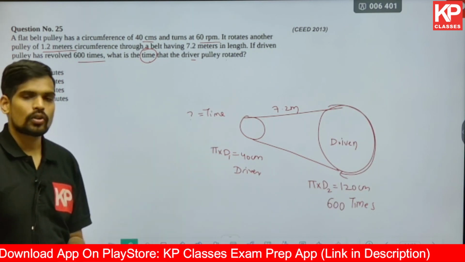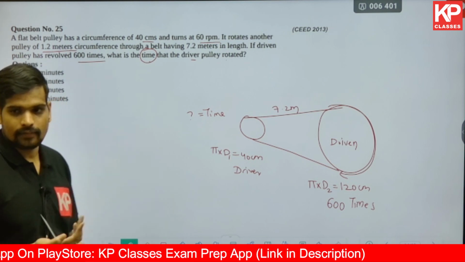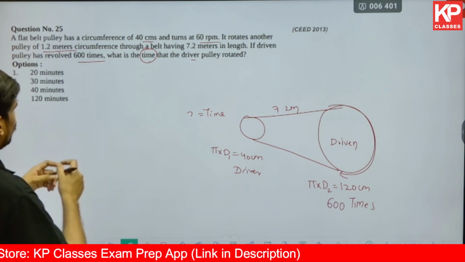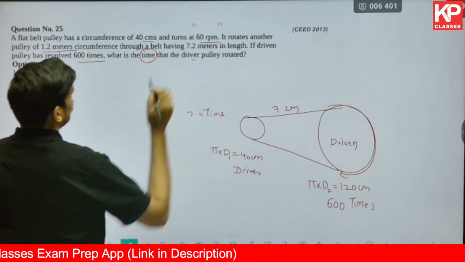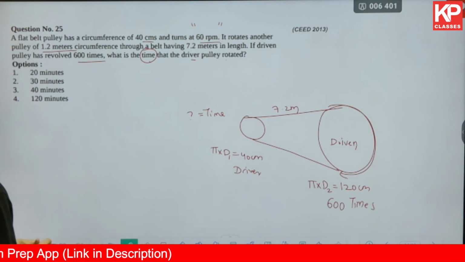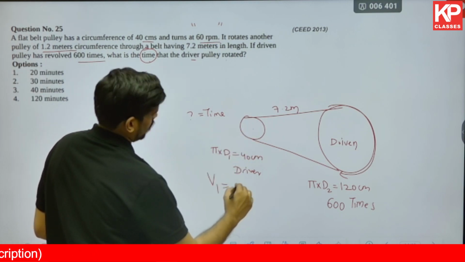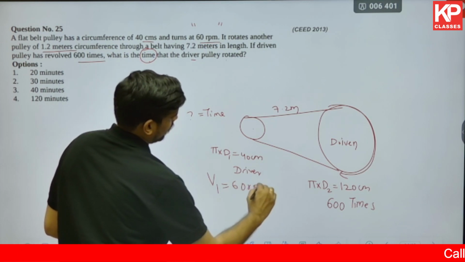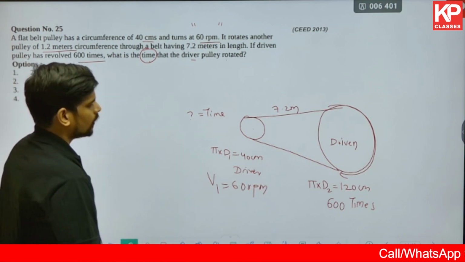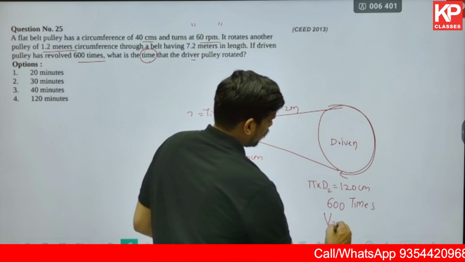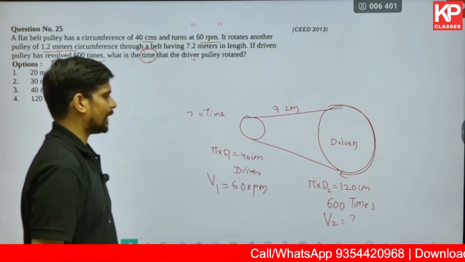The number of times the smaller disc will rotate will be much higher for that same 600 times. Also, 60 rpm is given as the rotational velocity of the smaller disc. So we need to first find out the rotational velocity of the second case.